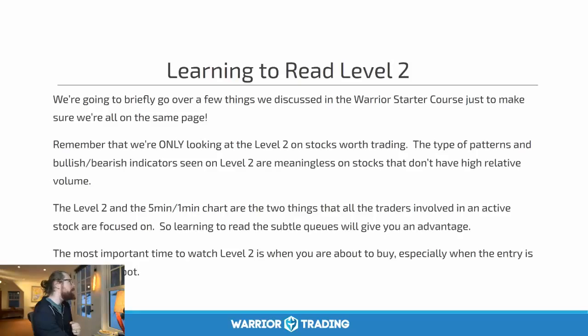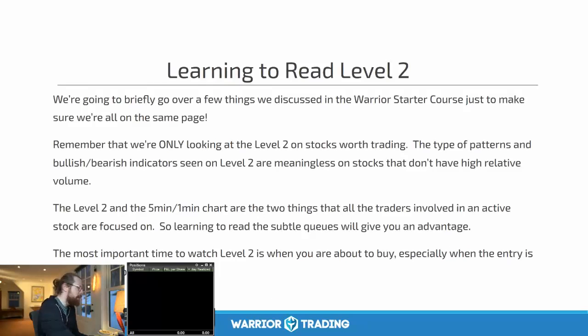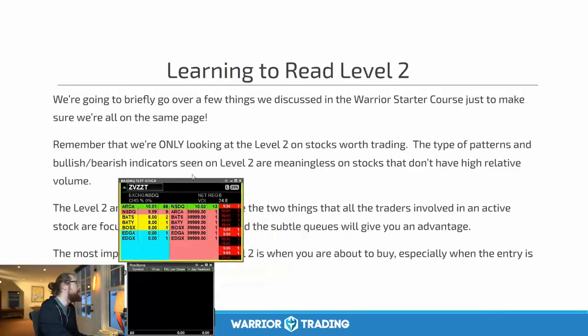So learning to read level 2. I would reiterate here that reading the tape, reading level 2 is only helpful on the right type of stock to trade. So if I pull up ZVZZT here, this is our NASDAQ test stock, reading the level 2 on this is not going to be helpful at all.